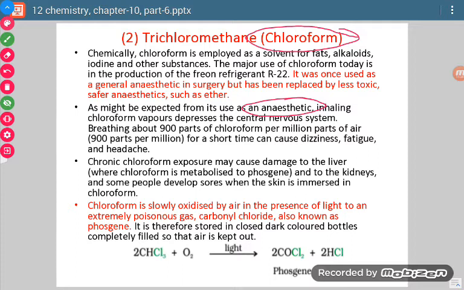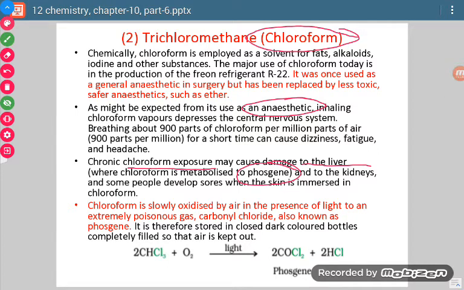Nowadays it is not used as a common anesthetic. Chronic chloroform exposure may cause damage to the liver. When chloroform comes in contact with air, it forms phosgene. Phosgene is a highly poisonous gas.